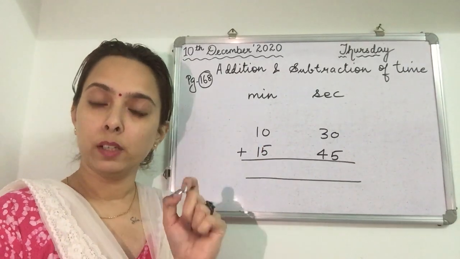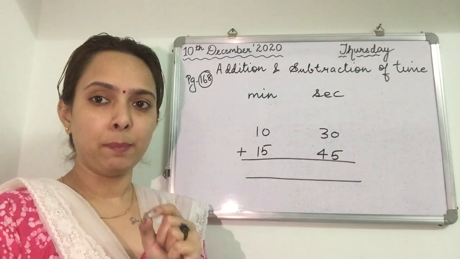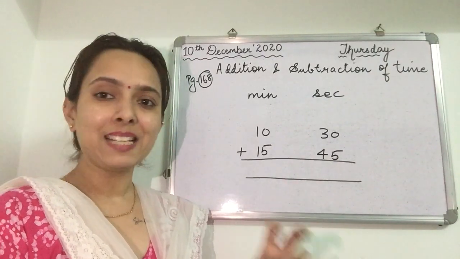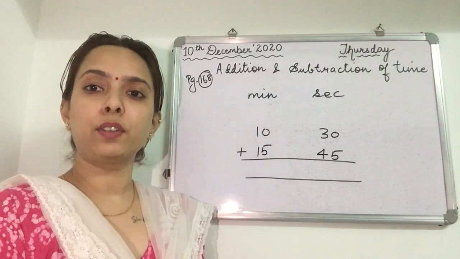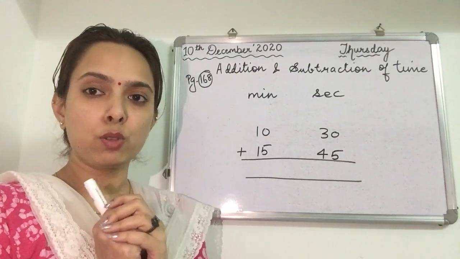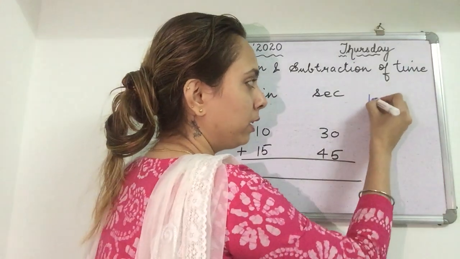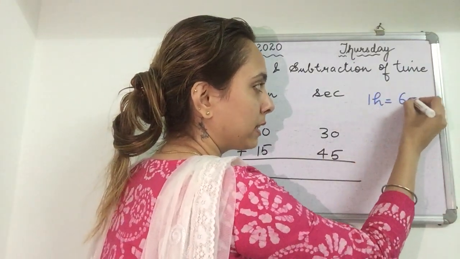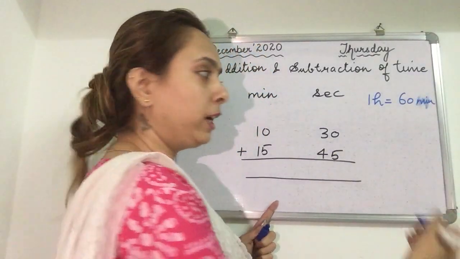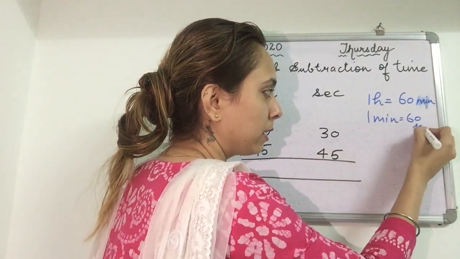So students, we have to follow slightly different steps while adding the time. This addition is a little different from the normal addition. The first thing I would like to ask you is, we know that 1 hour is equal to 60 minutes, and we know that 1 minute is equal to 60 seconds.